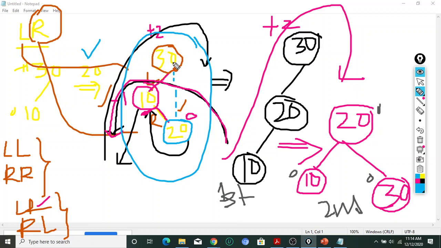So 20 will move to which side? The root node. It's an LR rotation, so the root will be placed on the right hand side, and 10 as it is on the left hand side. Is it understood?